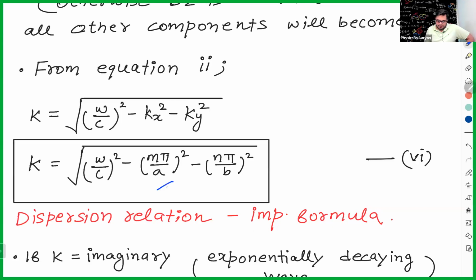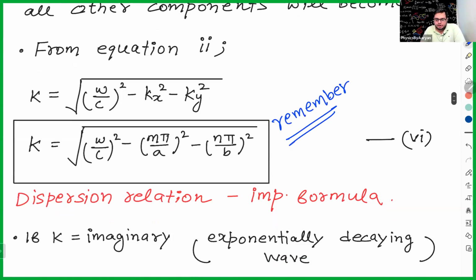So kx is m pi by a and ky is n pi by b. An extremely important equation. I would say this is one of the most important, because if you remember the first three equations, then this you also remember. Nothing new here.